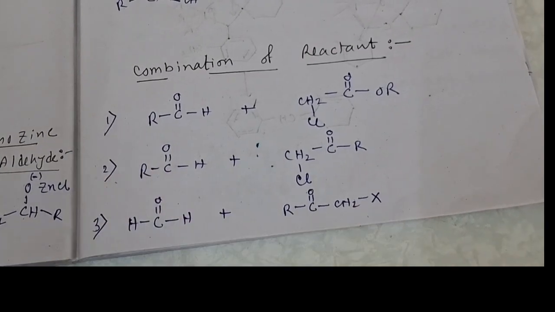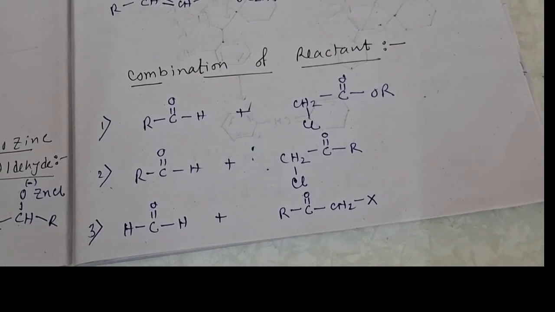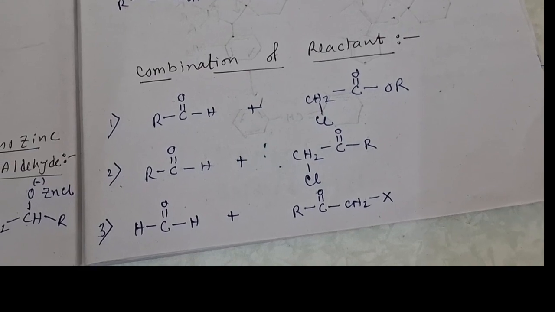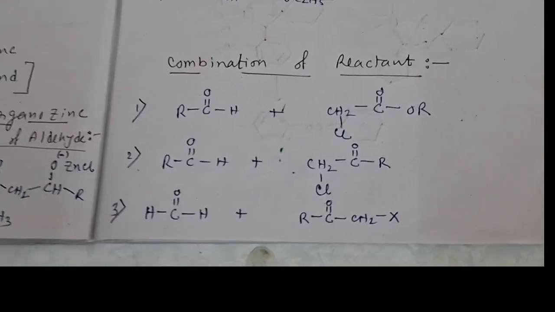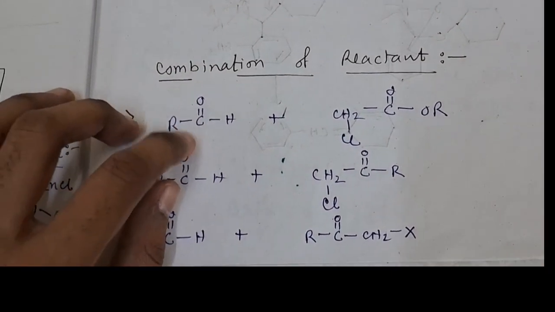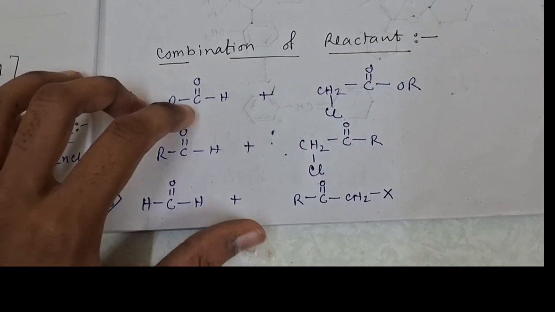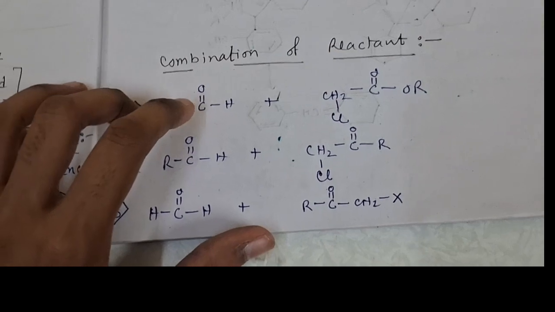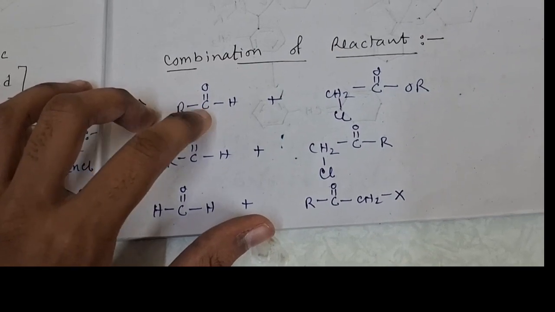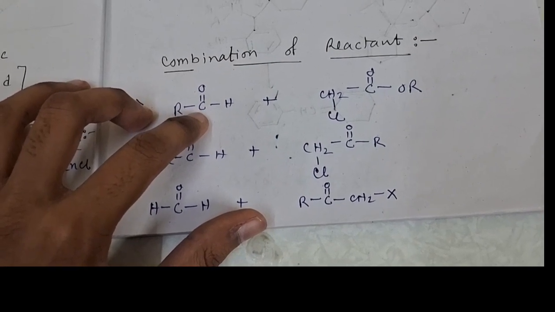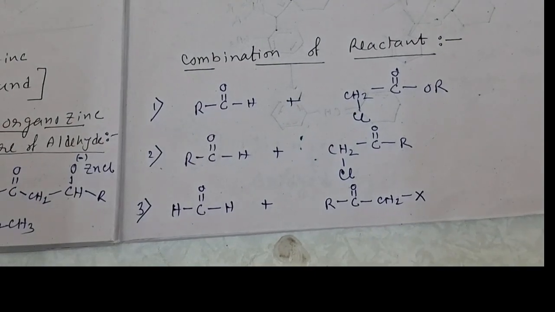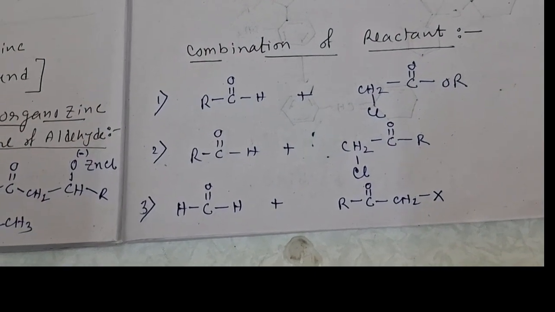In place of alpha haloester you can also use alpha haloketone. Okay, so there are some combinations of reactants, but you need to maintain the carbonyl group, that is, the carbonyl group must be present within the molecule, because this carbonyl group is the main integral portion for carrying out the reaction.